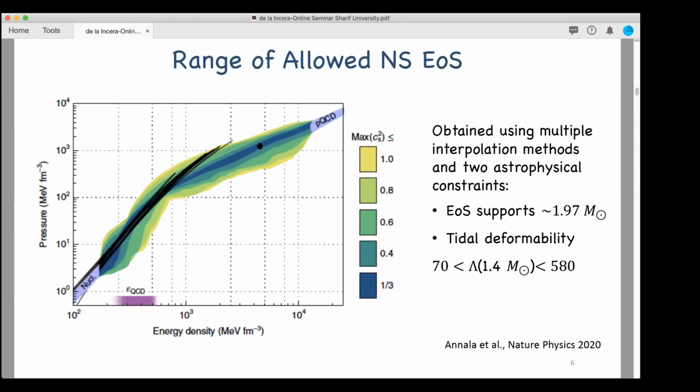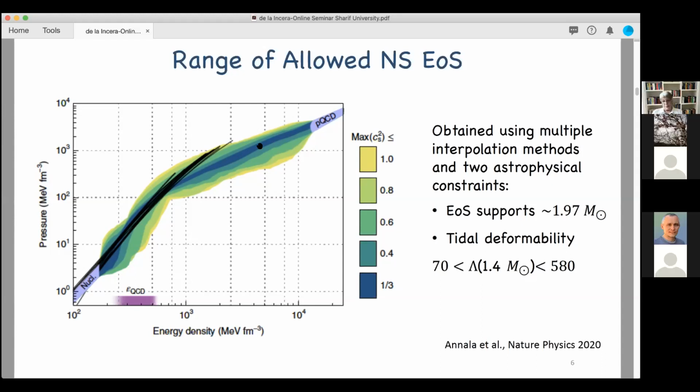So in the core of very, very massive stars. I found this very interesting because it's a model independent result that supports the idea of quark matter.